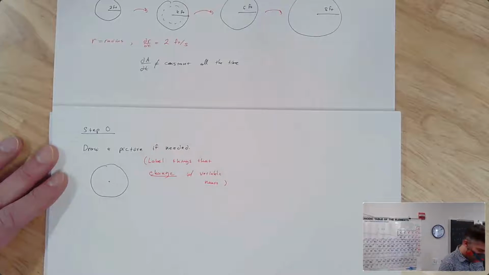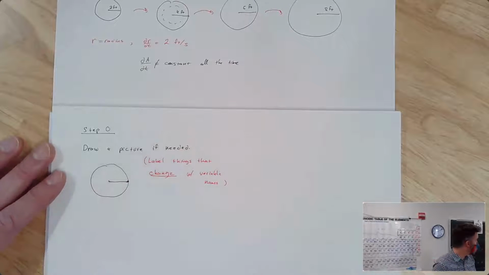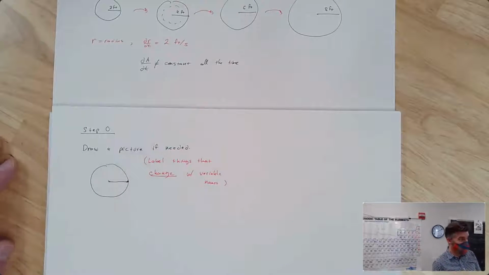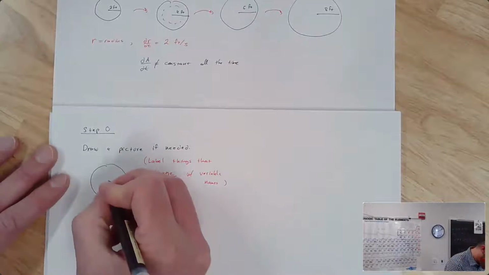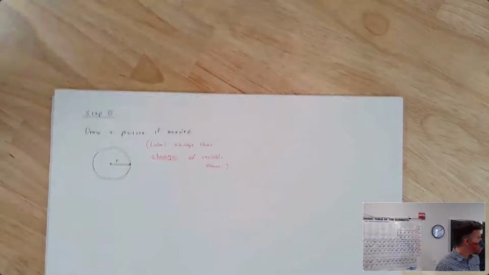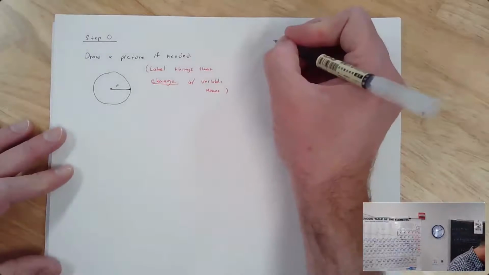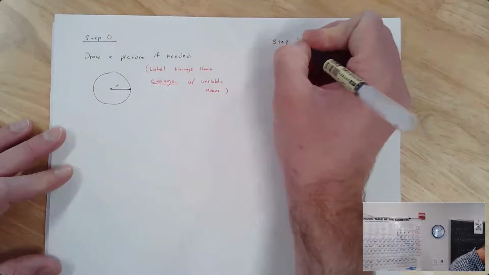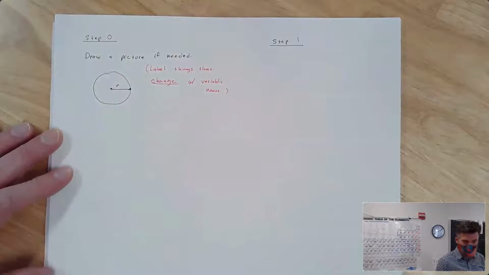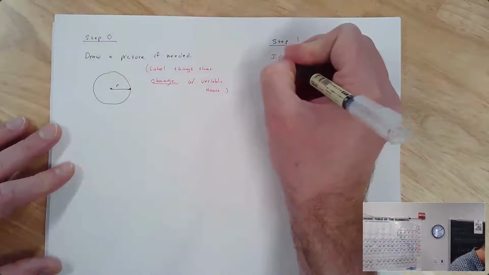Meaning, since the radius is increasing, even though I know I'm interested in the moment when the radius is 10 feet, I'm going to call it r because it's changing. Okay. We'll have some other examples where it actually makes more sense to draw a picture. The first step after you've drawn a picture, or not, is to identify what is changing.